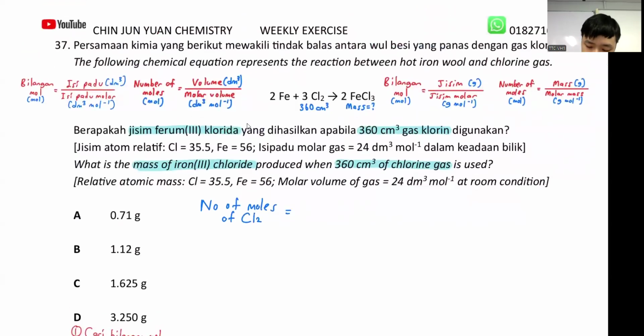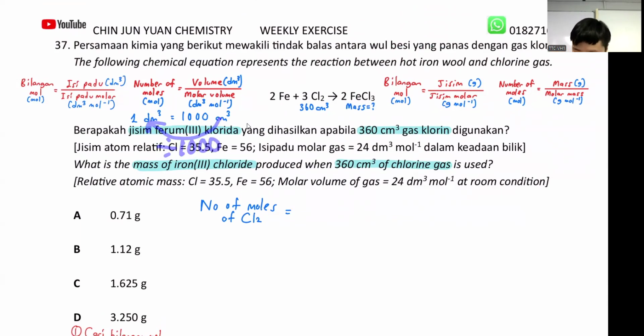The conversion is 1 dm cube equals 1000 cm cube, so to convert from cm cube to dm cube, you divide by 1000.